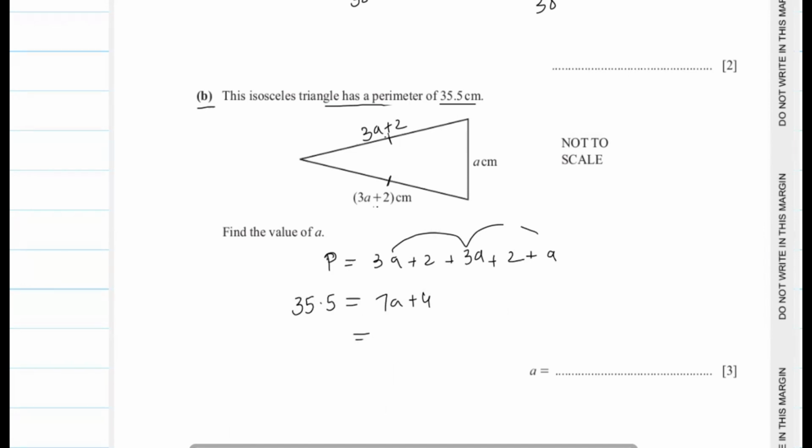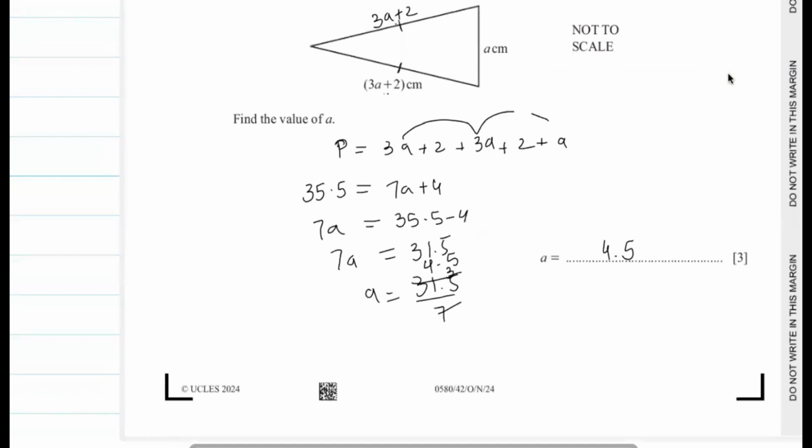We can write 7a equal to 35.5 minus 4, which is 31.5. And a will be equal to 31.5 divided by 7. 7 times 4 is 28 and 3 will be carried, and 7 times 5 is 35, therefore a will be equal to 4.5. And we move to the next question.